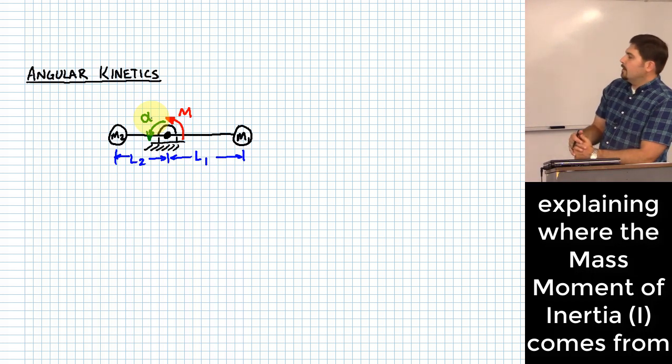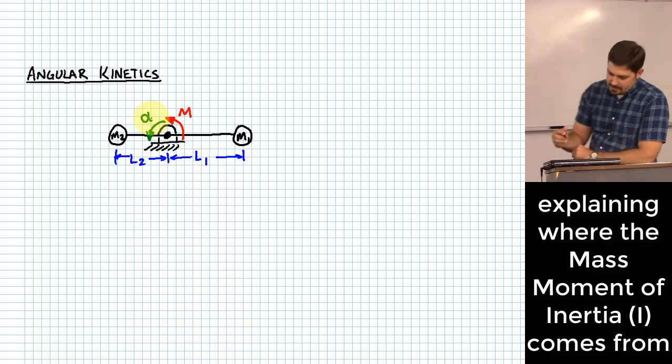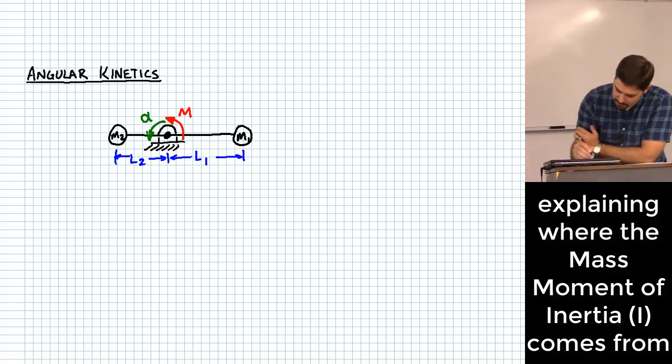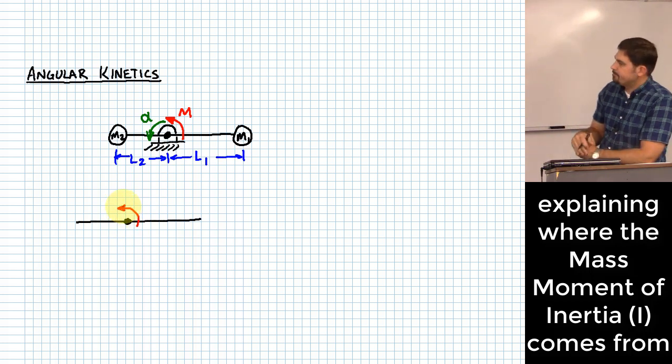That's not too far a stretch to think could happen. There's a couple things we can do there. The first thing to help us think about is how that moment actually transmits into the masses on the ends. So the first thing I'll do is show just the little massless rod. We're putting this moment of M on the massless rod.